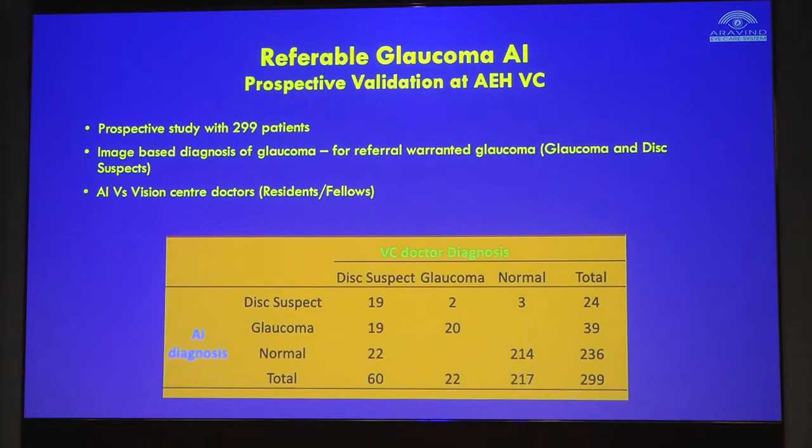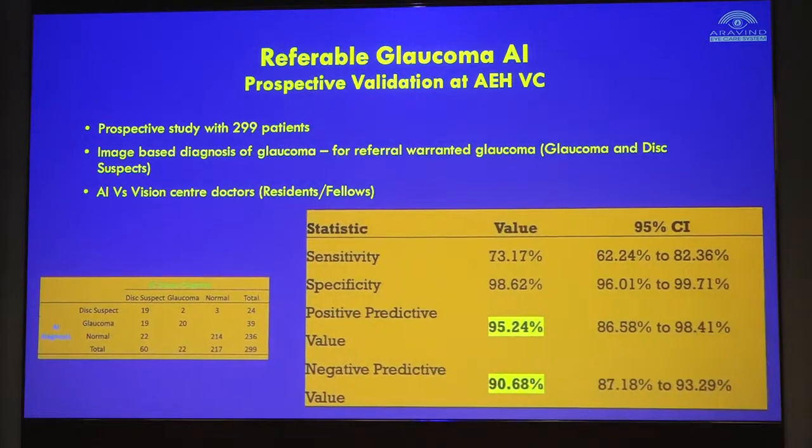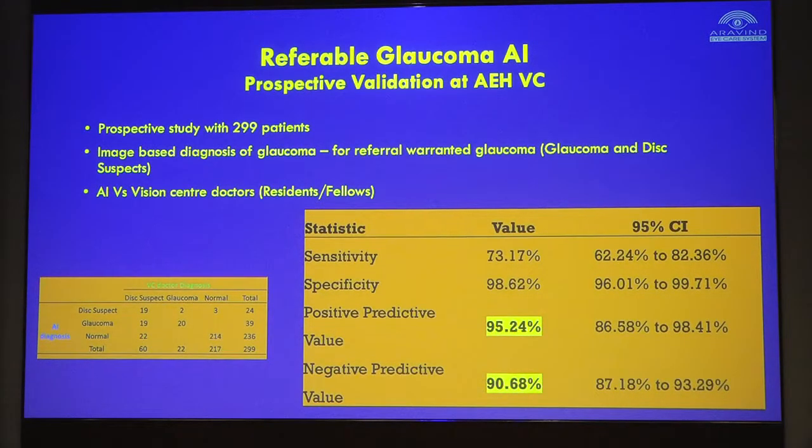So this is just to compare between the AI and the VC or teleconsult doctors: the sensitivity was 73% and the specificity was as good as 98%. And you can see the positive predictive value and the negative predictive value. But the point we noted was, among the vision center doctors, there were more disc suspects than glaucoma.